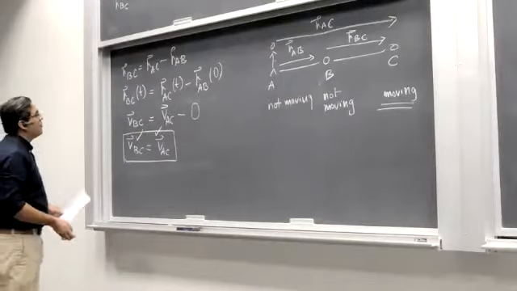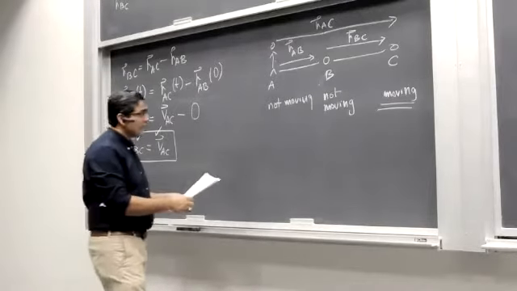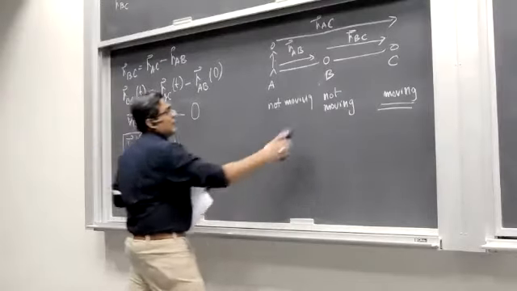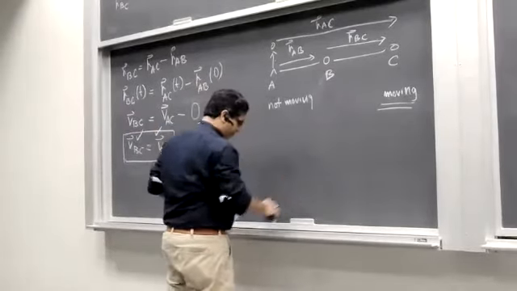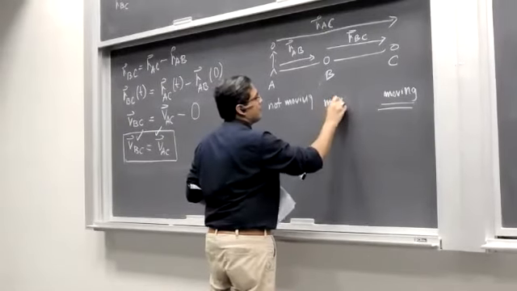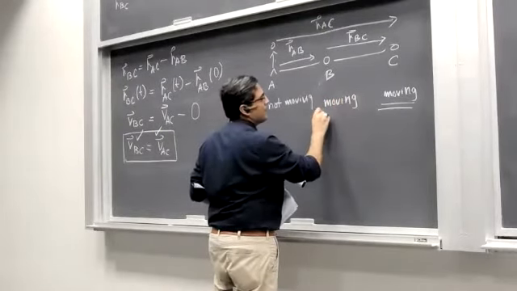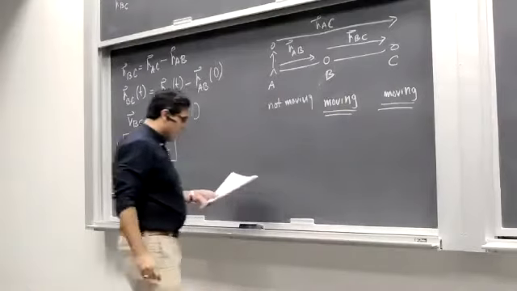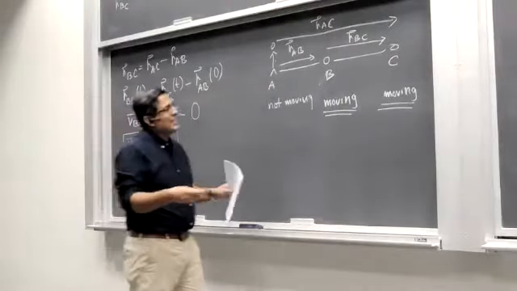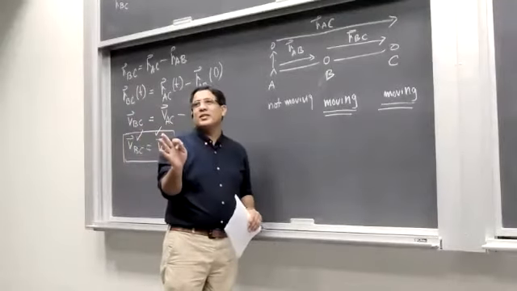Okay, let's make it a bit more complicated now. Now let's say both cars are moving. Car B is moving and car C is moving. But let's say that they are moving with the same speed.